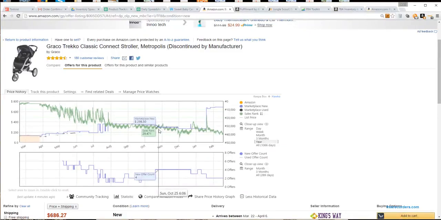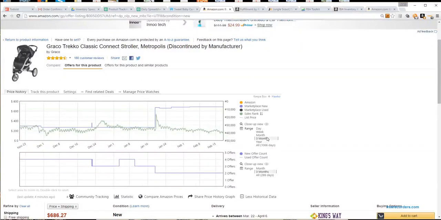If 4 months ago it was selling for $140, I might be more hesitant, or I might buy fewer, because in my past experience I've had too many products that have gone back down to the low price, like here or here, and then we eventually have to end up selling for a loss. So, based on the data here, I would probably purchase maybe two or three.